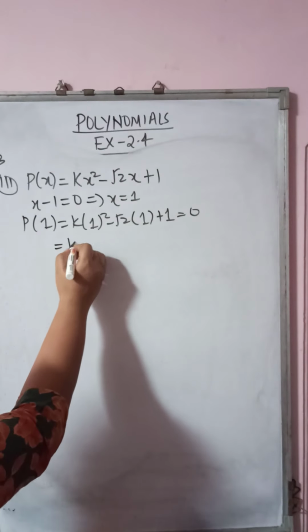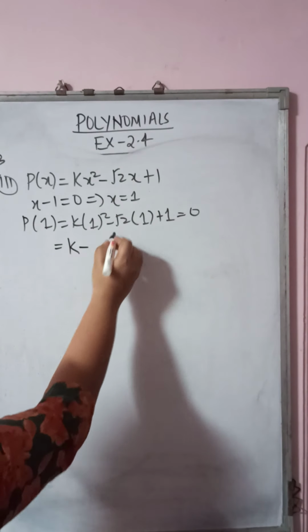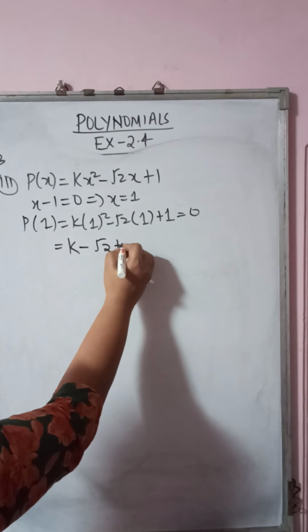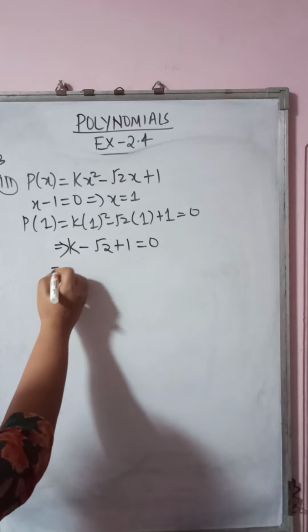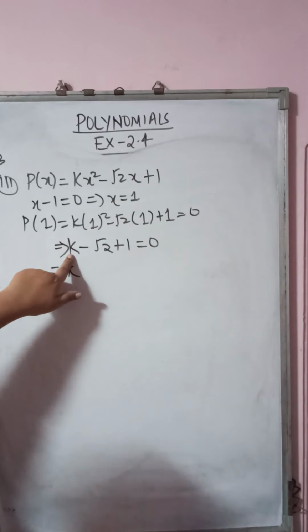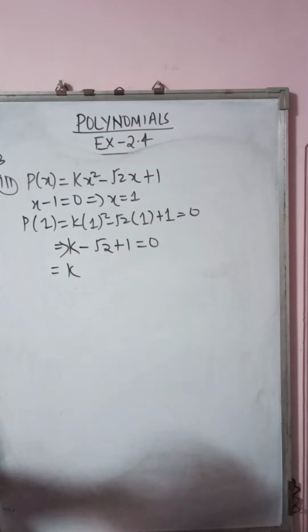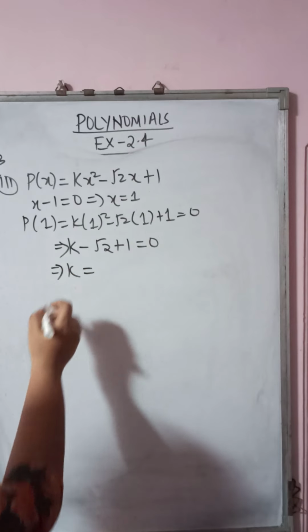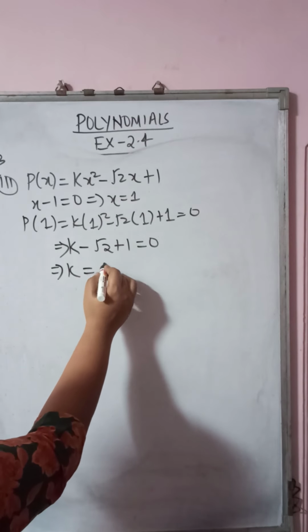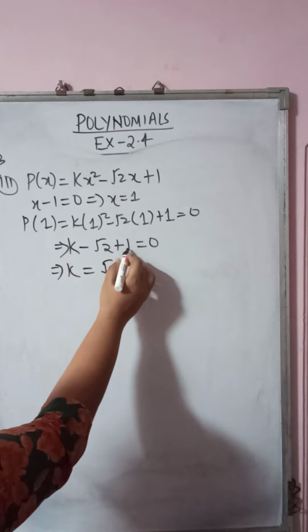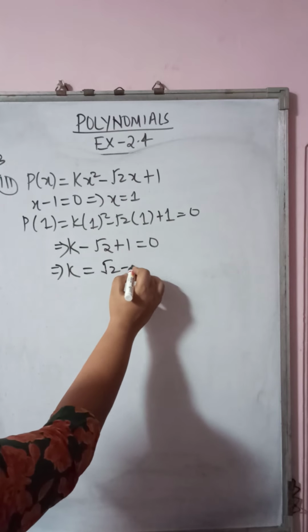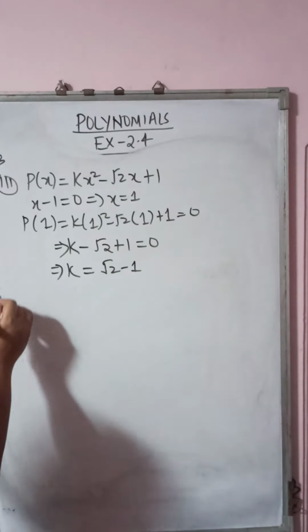So k into 1 square will be k, minus root 2 into 1 will be root 2, plus 1 is equal to 0. You need the value of k, so everything should be transferred to the right hand side. So minus root 2 will go to the right hand side, it will become plus root 2, and plus 1 will go to the right hand side, it will become minus 1. So this is the answer.